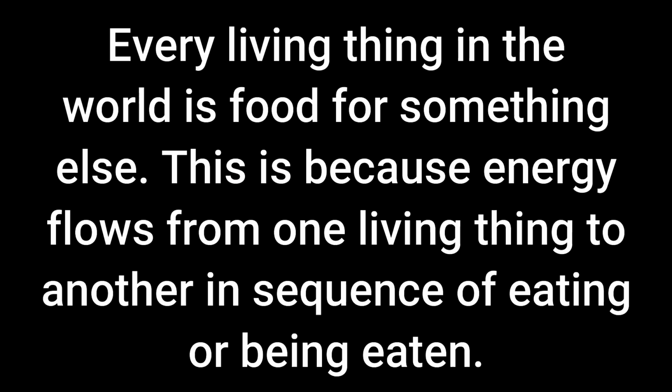Every living thing in the world is food for something else. This is because energy flows from one living thing to another living thing in a sequence of eating or being eaten.